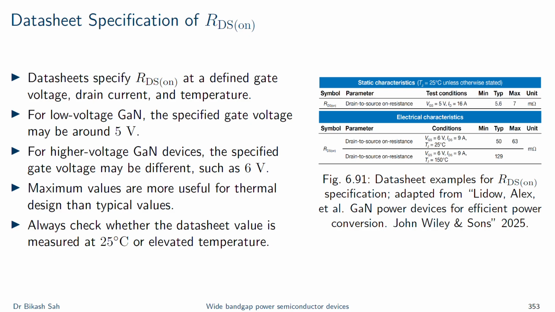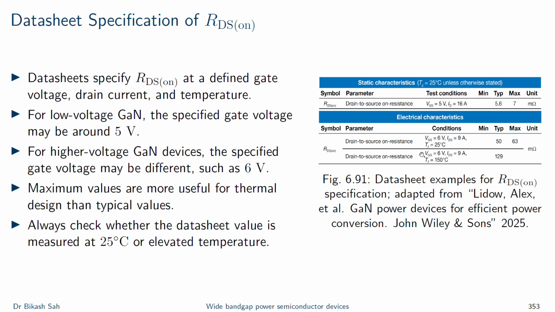This makes the direct comparison non-trivial, right? Typical values are useful for estimating average performance, but maximum values are more important for thermal design and guaranteed operation. You see a datasheet example in here, right? So you can see the difference that I'm speaking about.